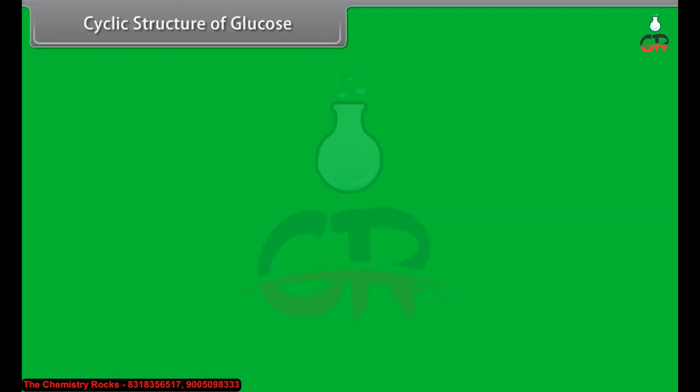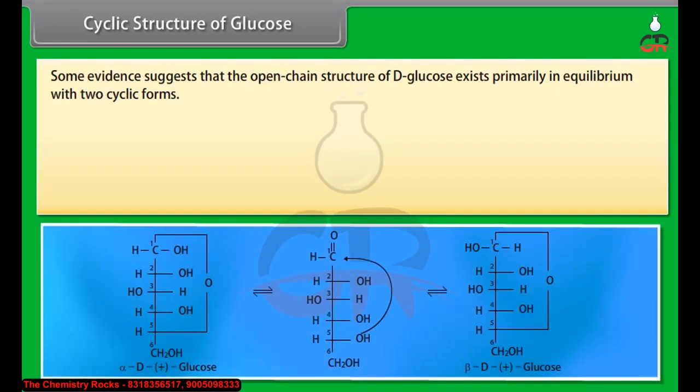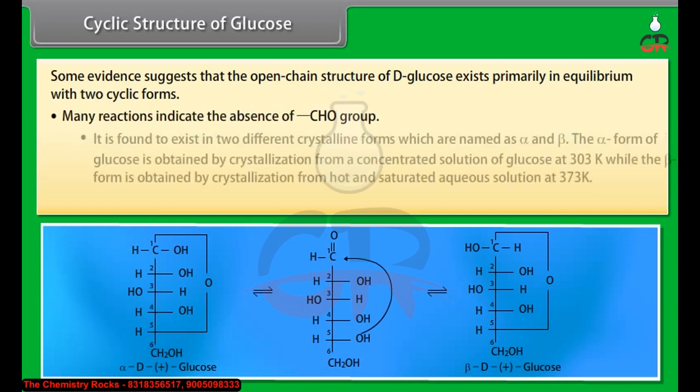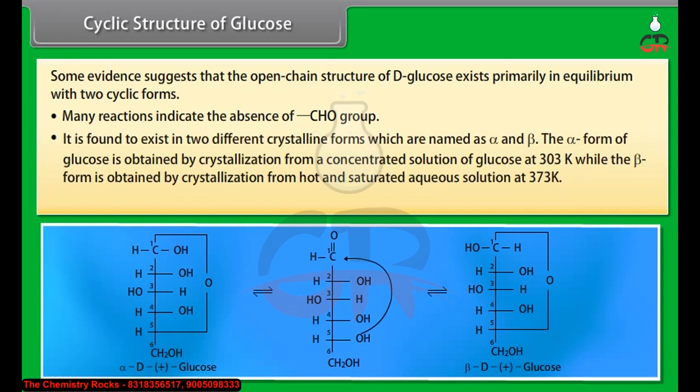Cyclic structure of glucose. Some evidence suggests that the open chain structure of D-glucose exists primarily in equilibrium with two cyclic forms. Many reactions indicate the absence of a CHO group. It is found to exist in two different crystalline forms, which are named alpha and beta.